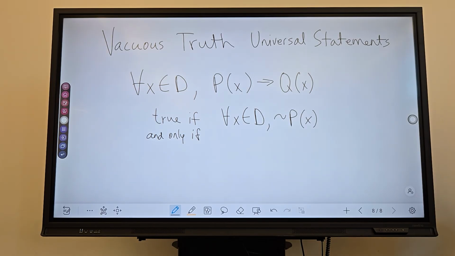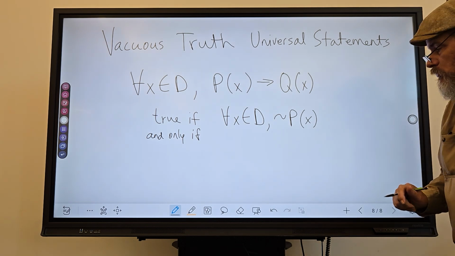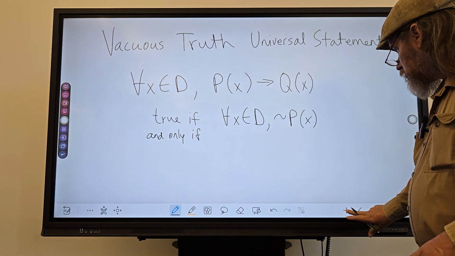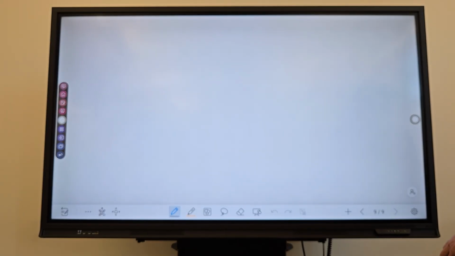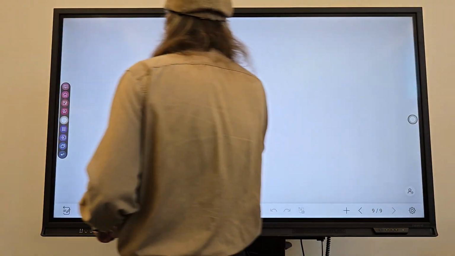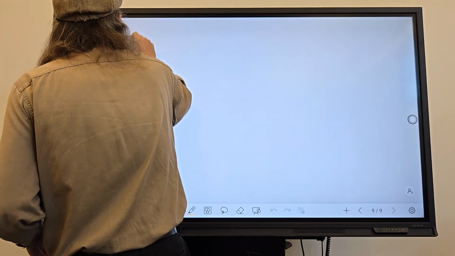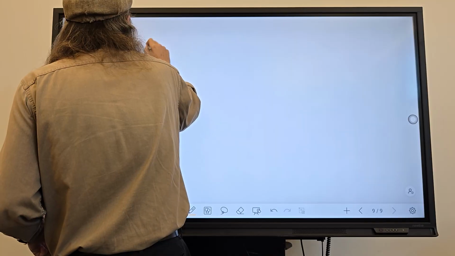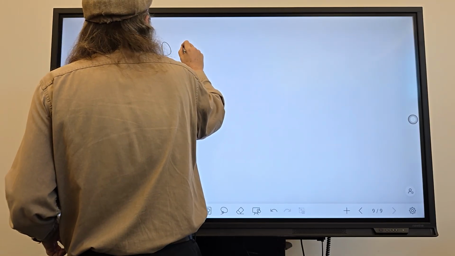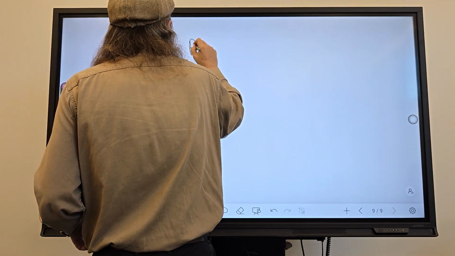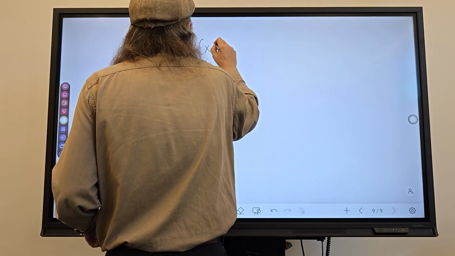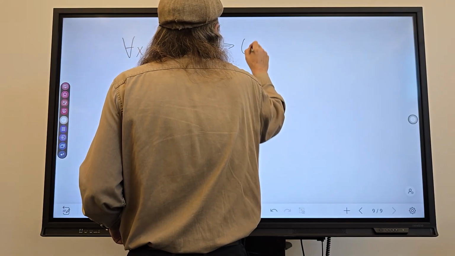Now, there are variants of the universal conditional statements. The contrapositive: you have your original statement, for all x, element of D, if P of x, then Q of x.